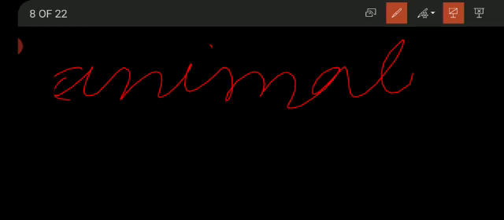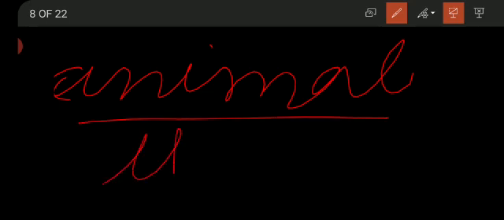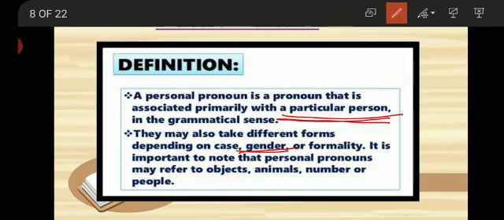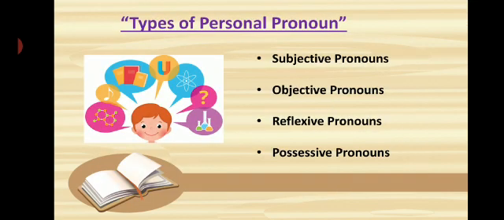So we will discuss the personal pronouns that are used instead of a male, female, or any animal or anything. They may take different forms depending upon case, gender, or formality. It is important to note that personal pronouns may refer to objects, animals, numbers, or people, any male or any female.